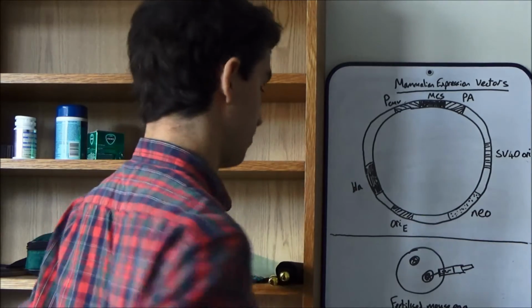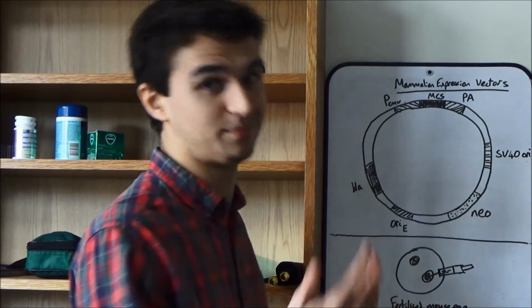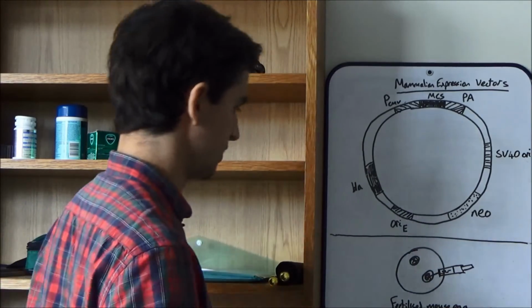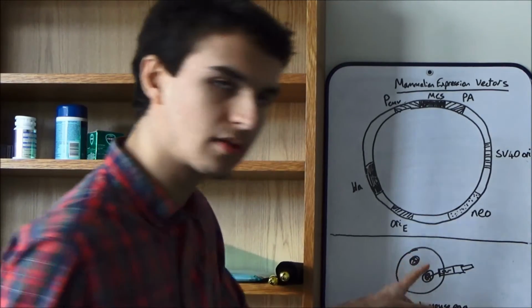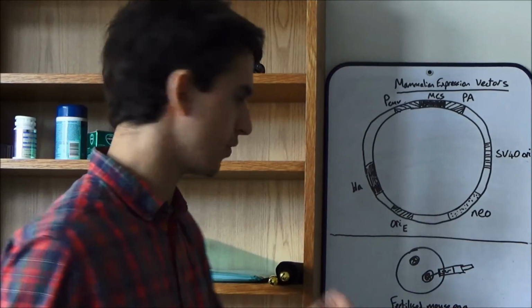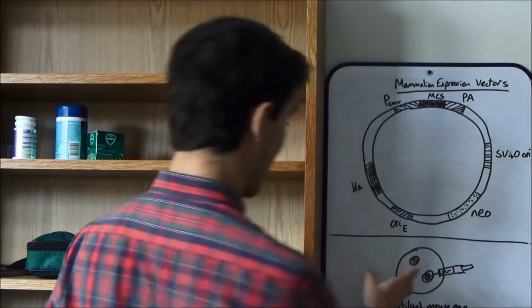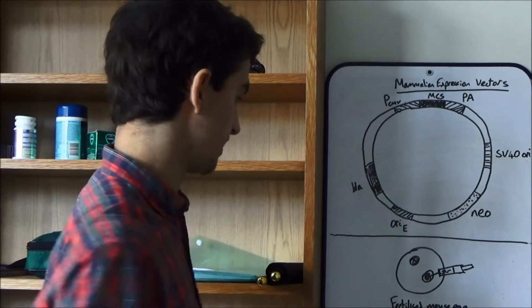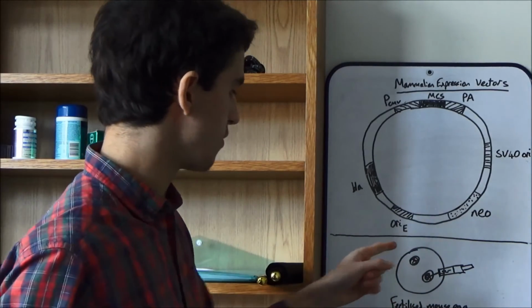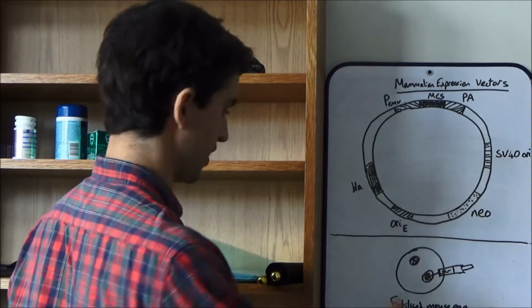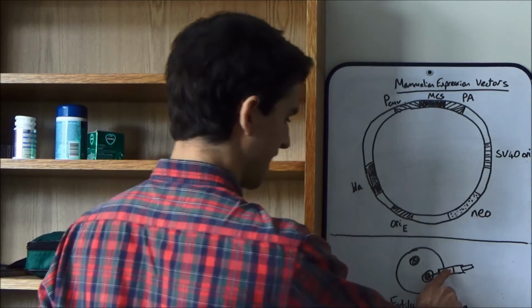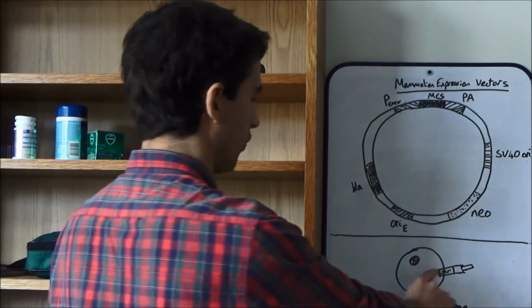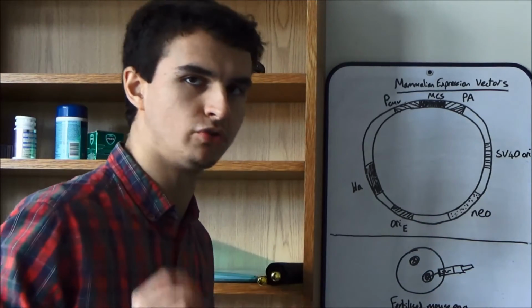So here at the bottom is a beautiful drawing once again, a fertilised mouse egg, right? But as you can see, the two haploid nuclei haven't yet fused together. So you've got a nucleus from the egg and one from the sperm. Now what we're going to do here is extract this egg and, through micro-injection, insert the DNA that we want into one of the nuclei, one of the pronuclei.